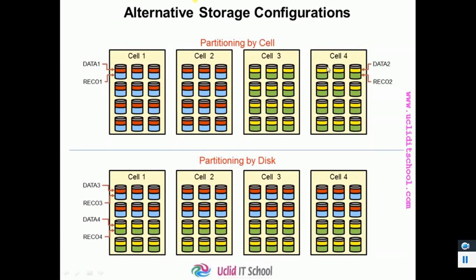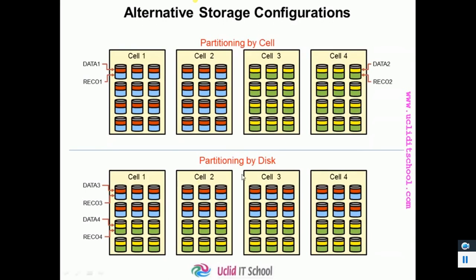And the next 2 storage servers are being allocated to another database. Maybe for compliance reasons, you don't want to share the storage, right? So in that case, you can split the storage by cells. But in this case, you are losing that IO bandwidth. You are distributing IO between 2 cells only instead of all the 4 cells as mentioned in this slide.